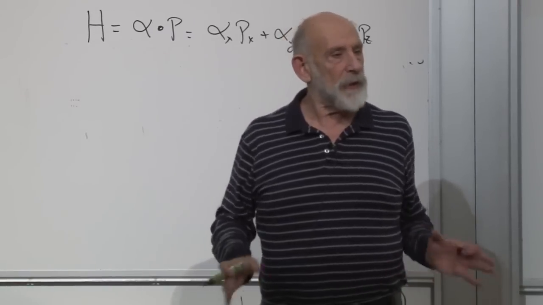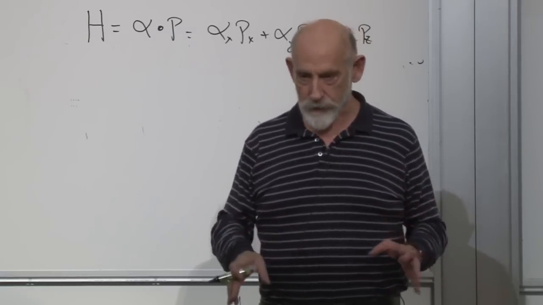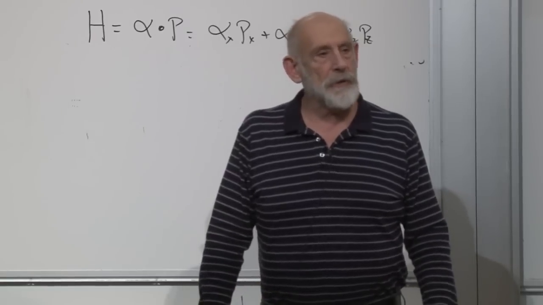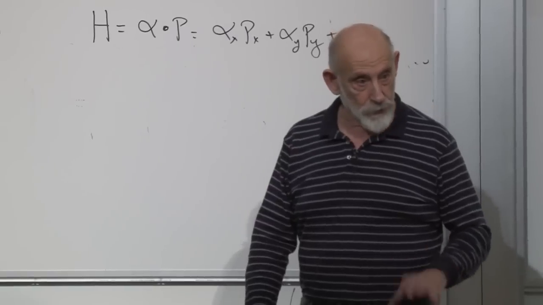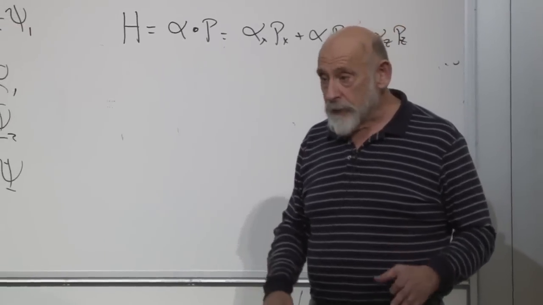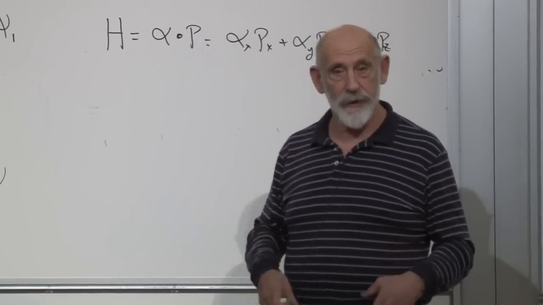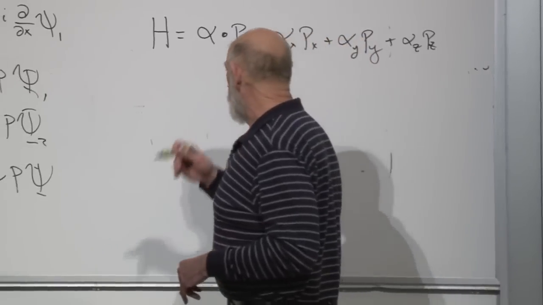What do the alphas have to do to make this sensible? For the moment, we're not going to try to make a mass. We're going to make a massless equation. So what is the right formula for our massless particle, its energy versus momentum? The answer is energy squared equals momentum squared, but that means energy squared equals px squared plus py squared plus pz squared. That's what we want to get.